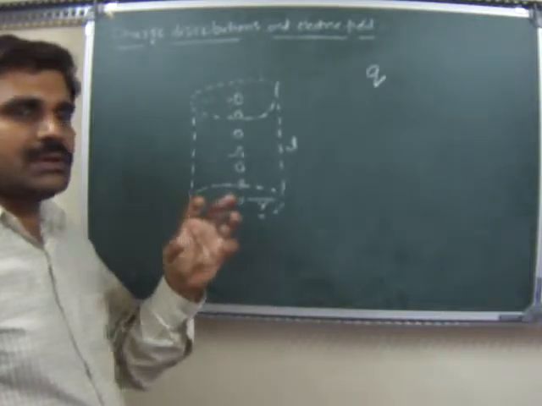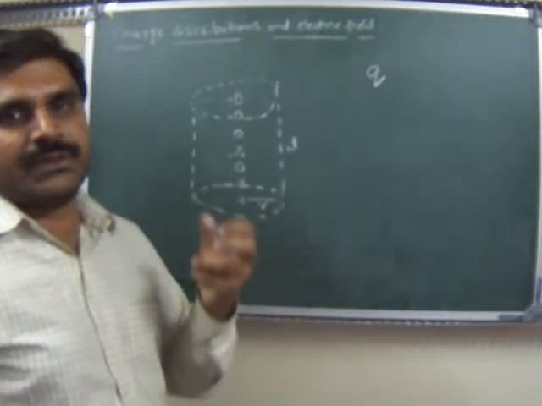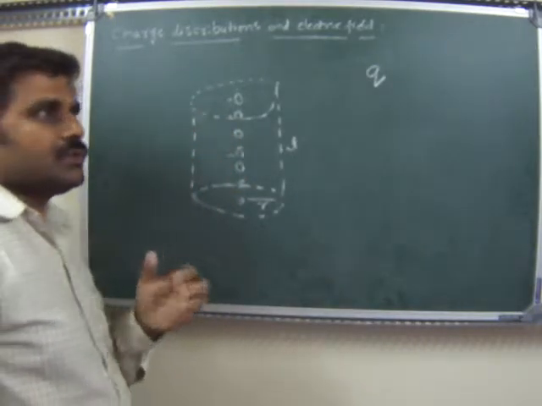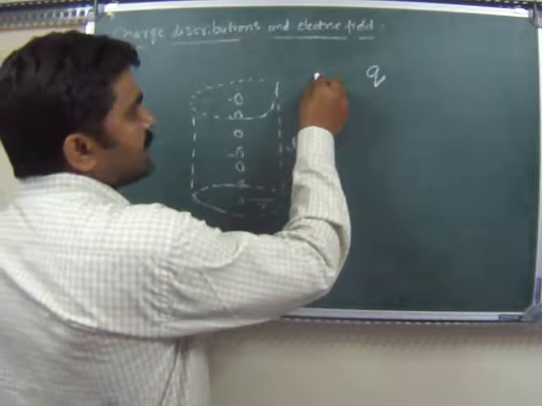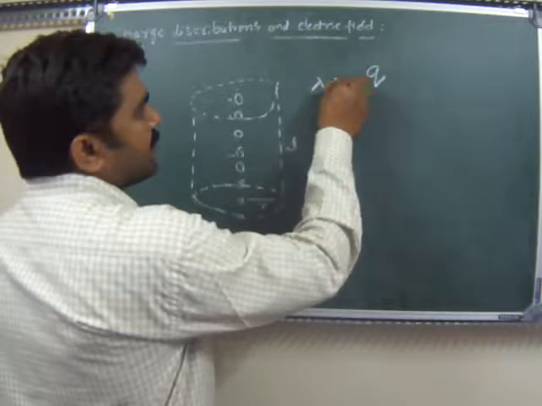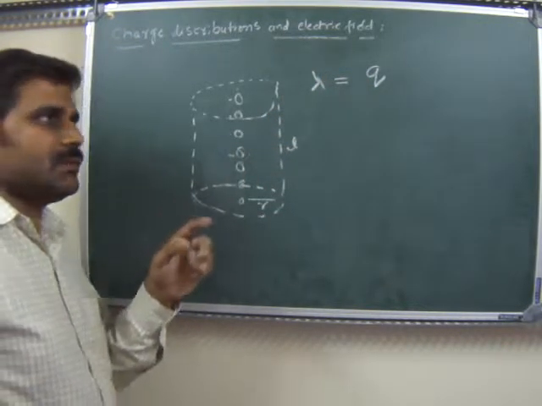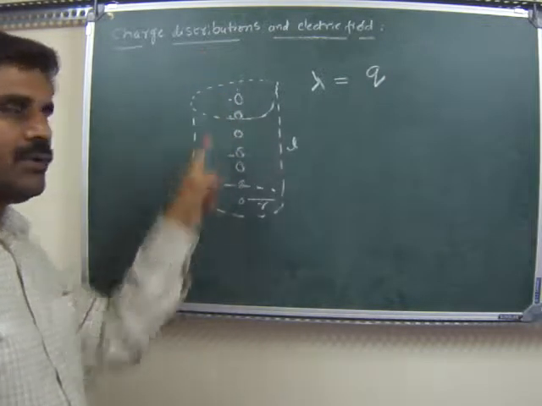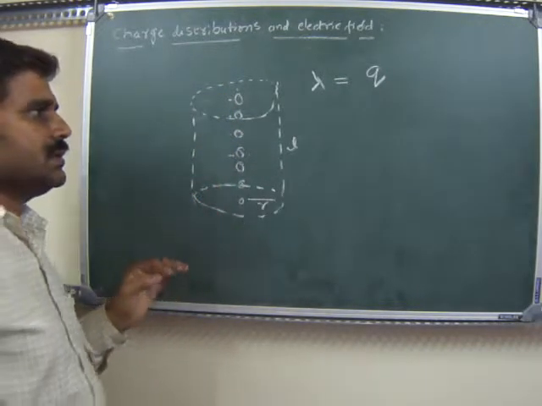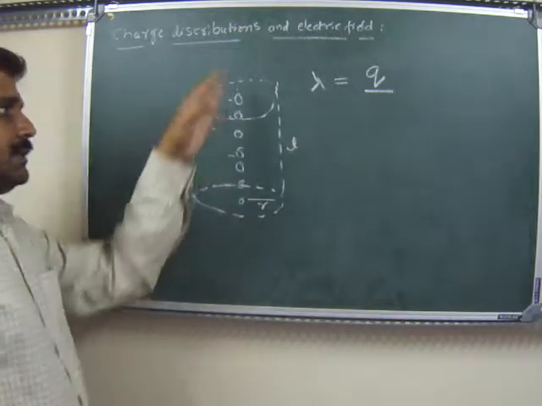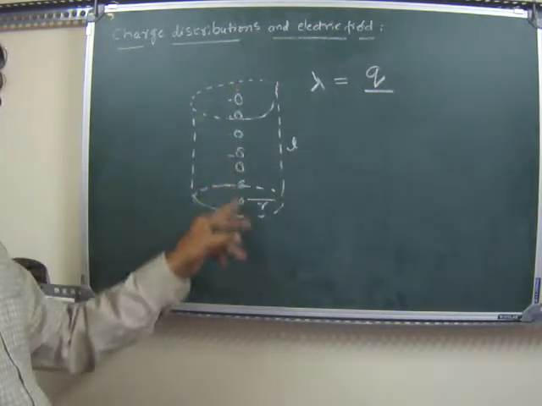So here we need to consider the charge density of the distribution. For that we call it sigma, the linear charge density. That means you are considering a line of charge, so it is linear charge density. Sigma is equal to Q by L, where L is the length of the charge distribution.